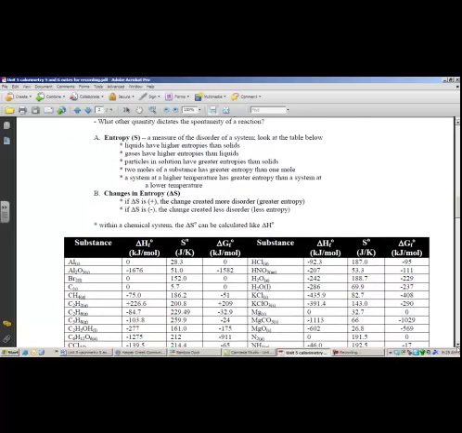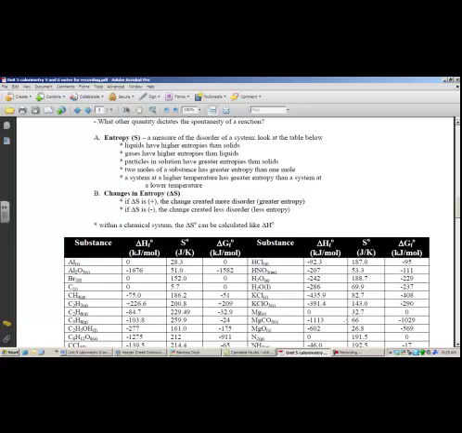So kind of skipping down to here, we're going to be looking for changes in entropy or positive delta S's where things are getting messier. You can see this measure of disorder when you go from solid to liquid, liquid to gas, 1 mole to 2 moles of substance, systems that go towards higher temperatures.